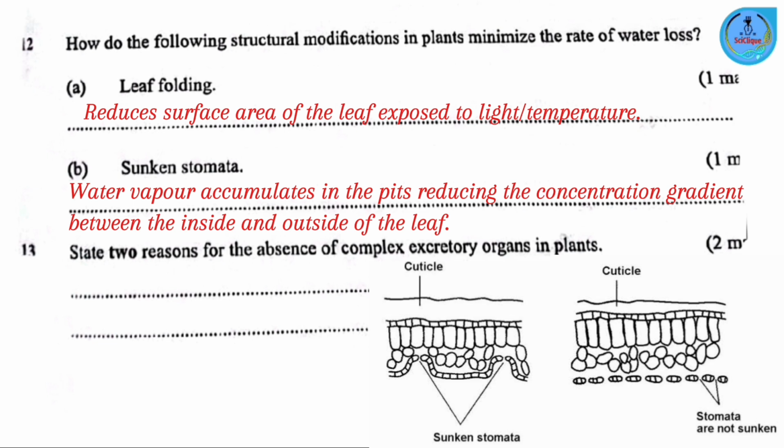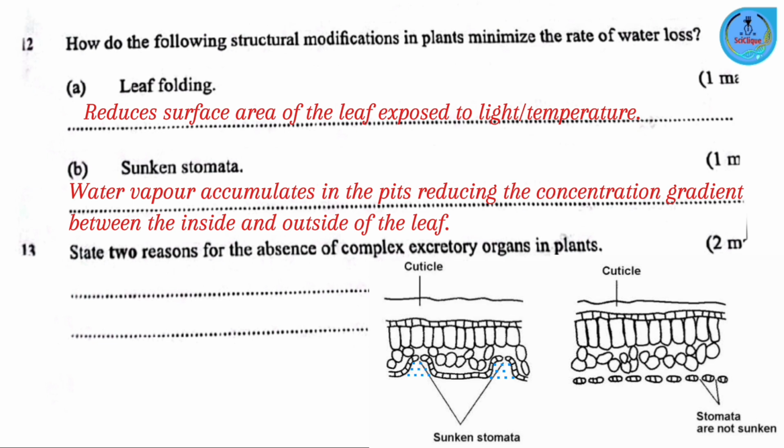So it ends up creating a pit above the opening. Now, these pits are very important because what happens is that you're going to have water vapor accumulating within these pits, okay? It's going to deposit within these pits, right? So at the end, this will end up reducing the concentration gradient.